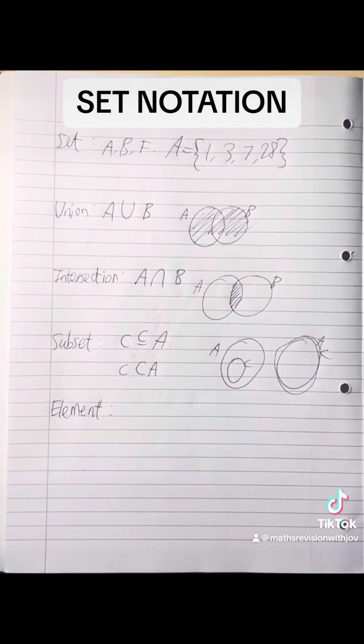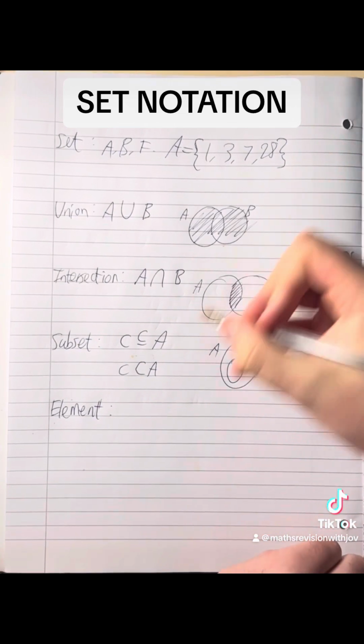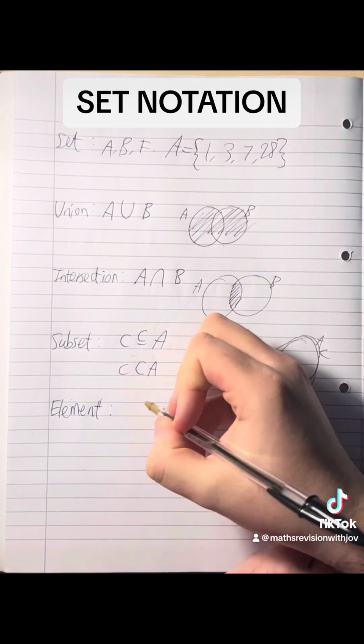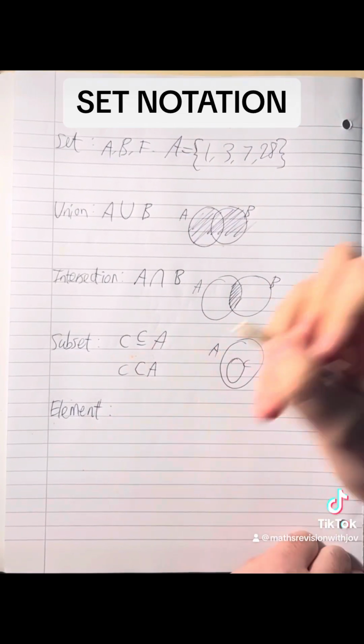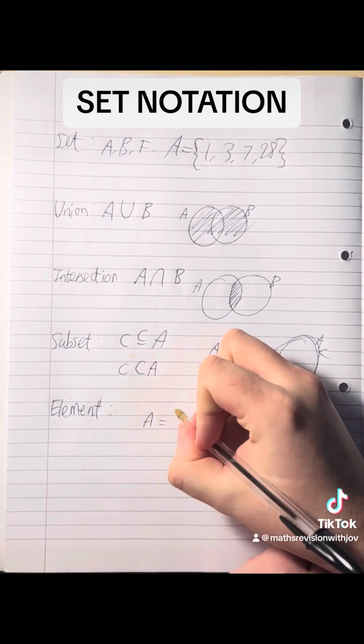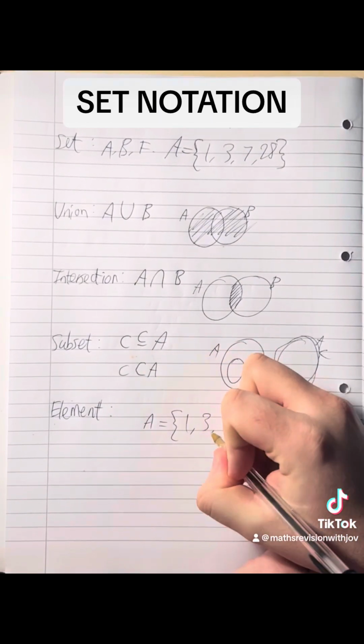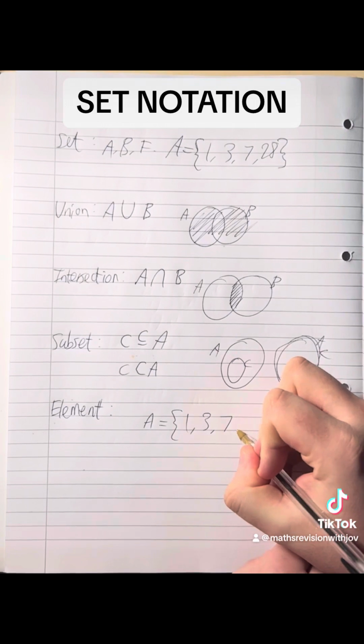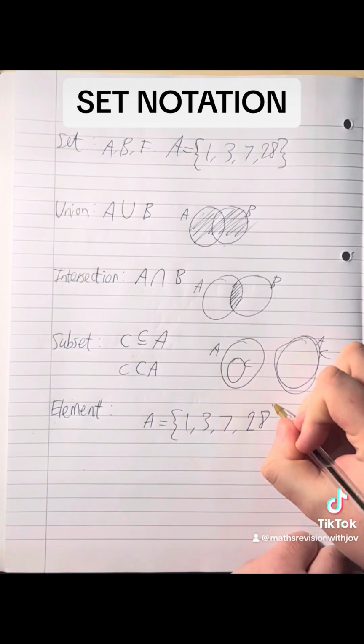And finally, if we want to talk about the individual elements of a set, let's take this set over here, A. So write A, which is just 1, 3, 7, and 28.